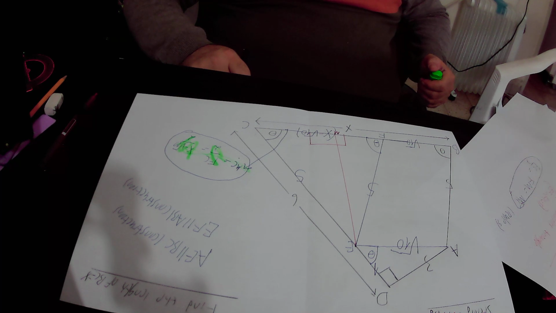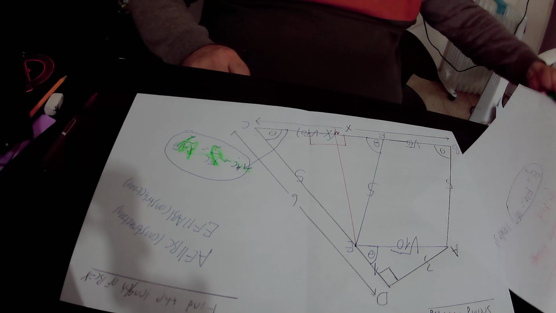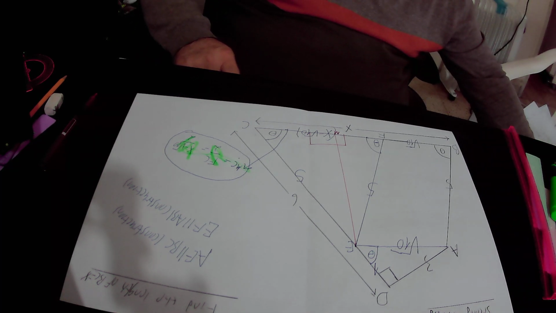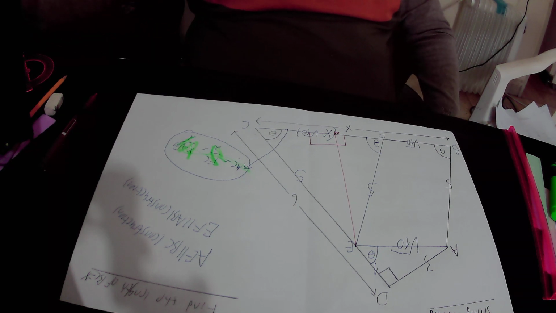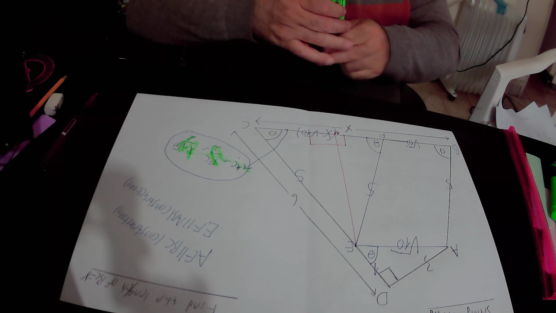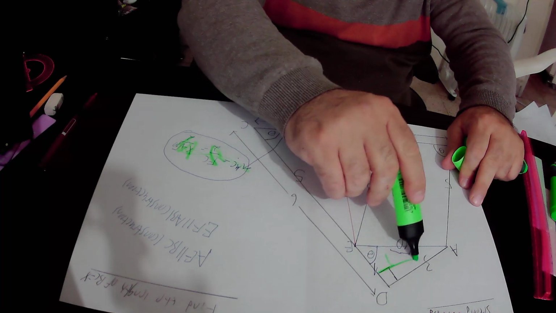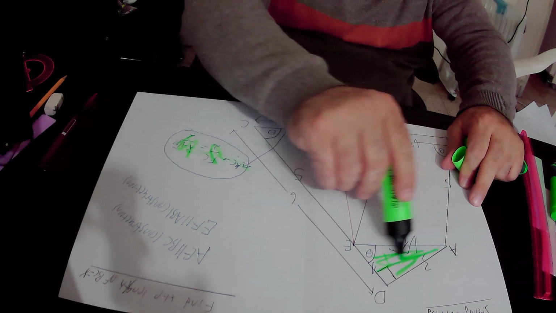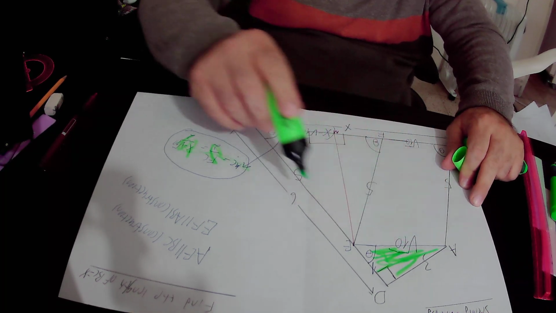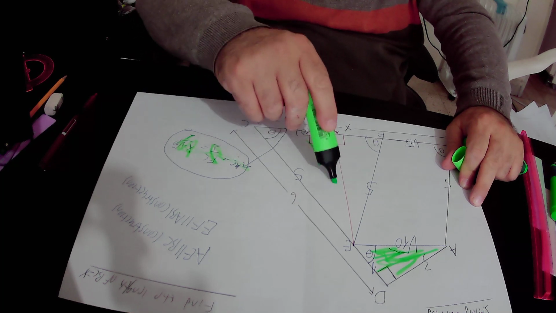In the next step, we will prove that the right triangle ADE is similar to the right triangle EMC.